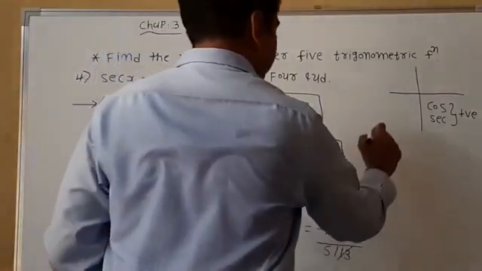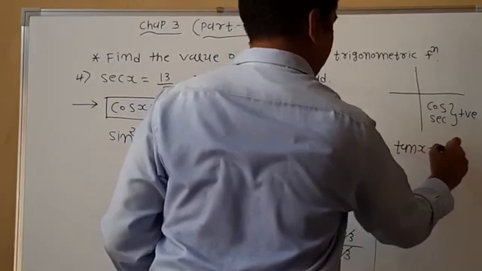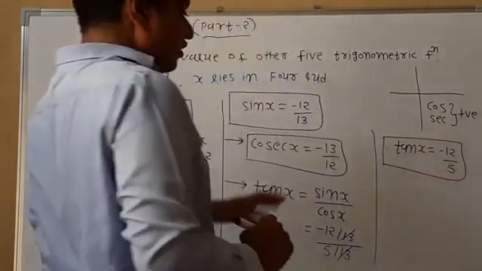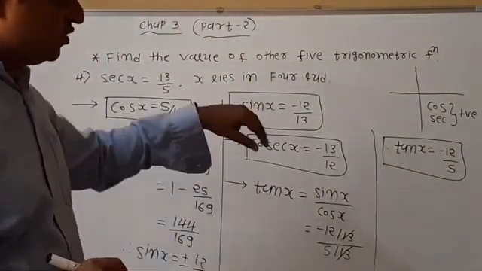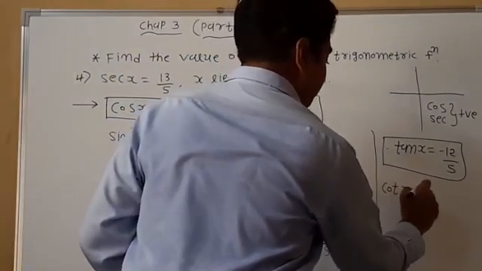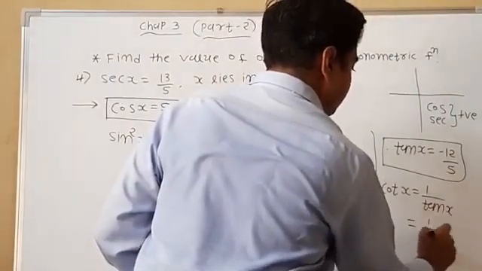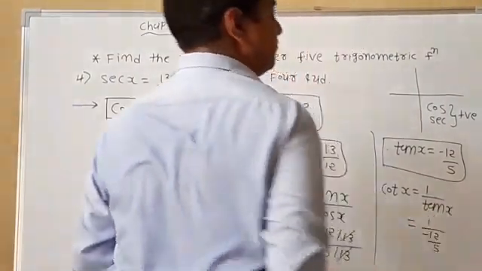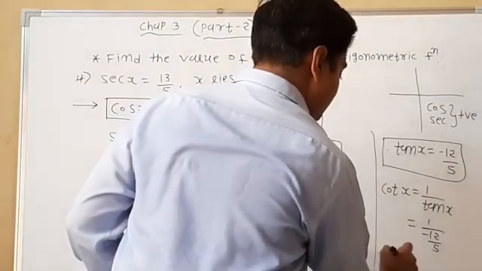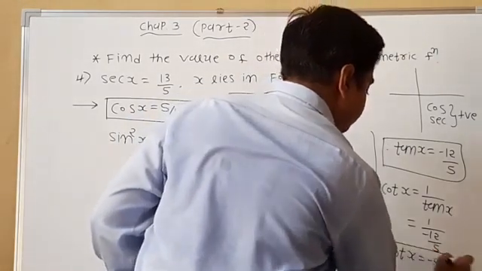So the value of tan x is equal to minus 12 upon 5. Now after using tan x, find the value of cot x. So cot x is equal to 1 upon tan x. So 1 upon minus 12 by 5. Now written in reverse order, so we get the answer. So cot x is equal to minus 5 upon 12.